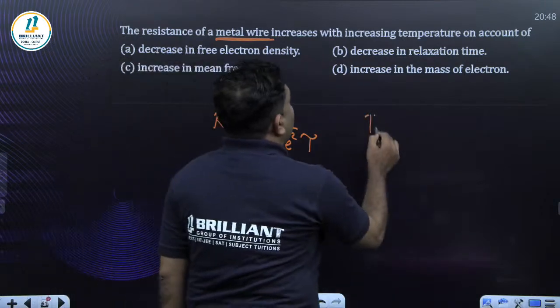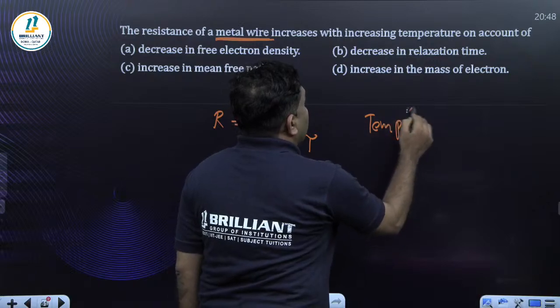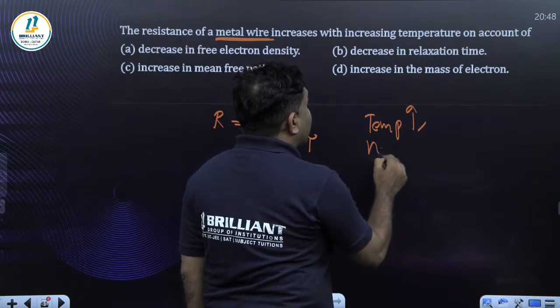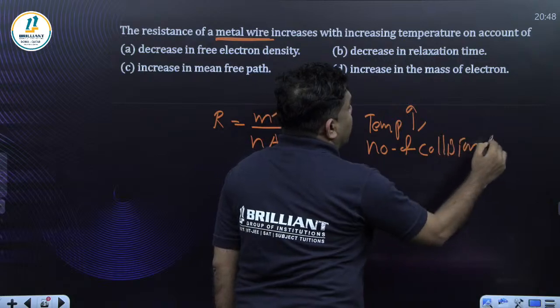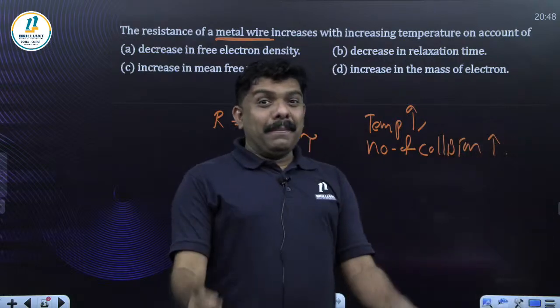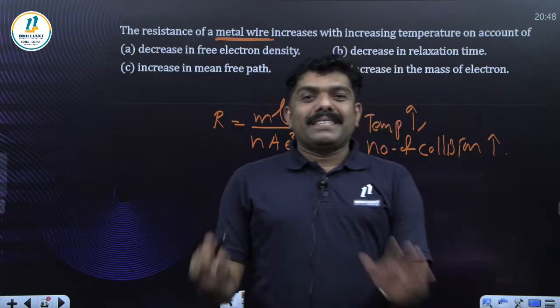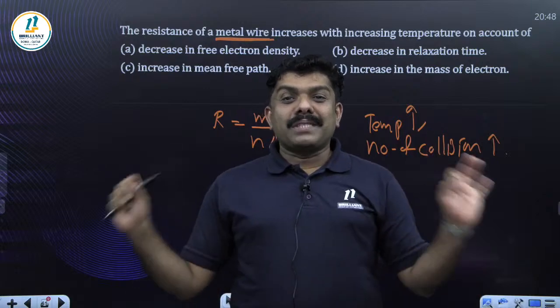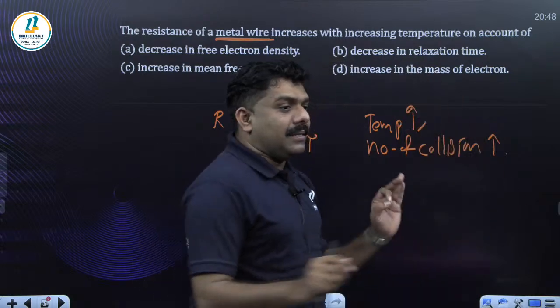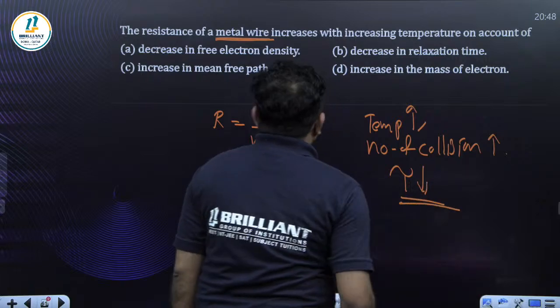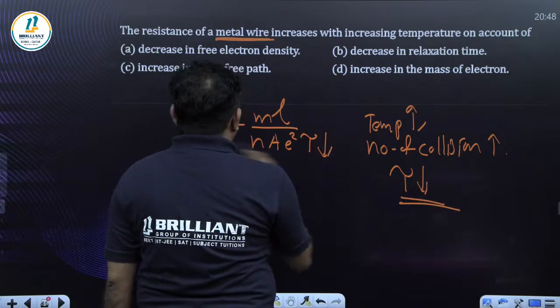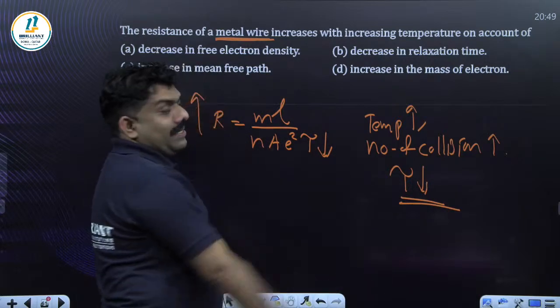When temperature increases, the number of collisions increases. If the number of collisions increases, the time interval between two successive collisions decreases, so the tau value decreases. When tau decreases, resistance increases.